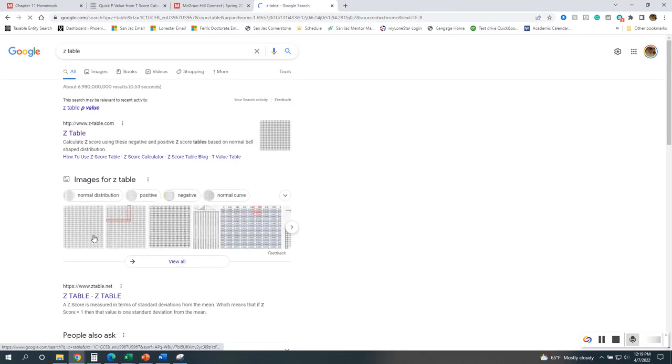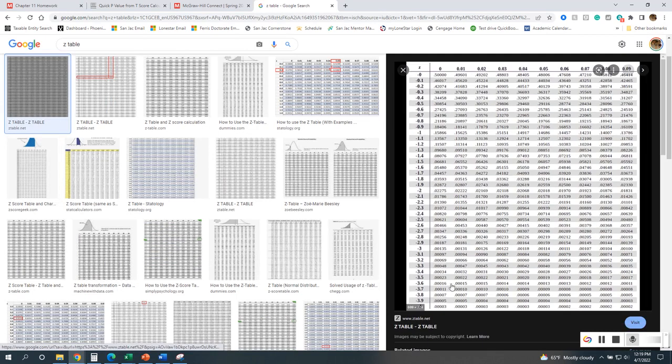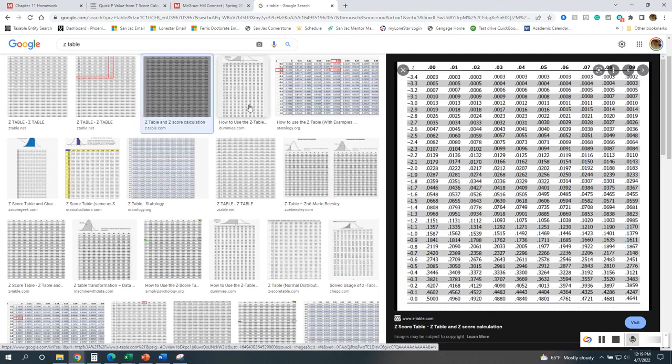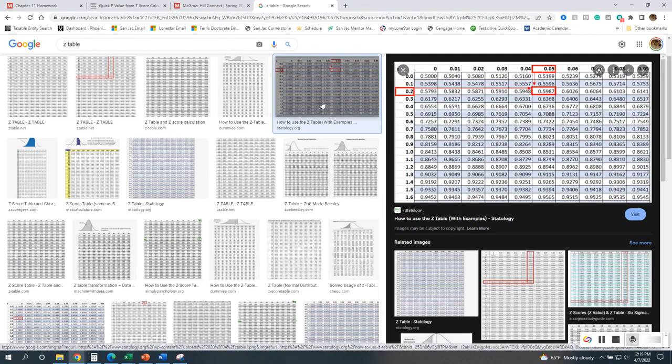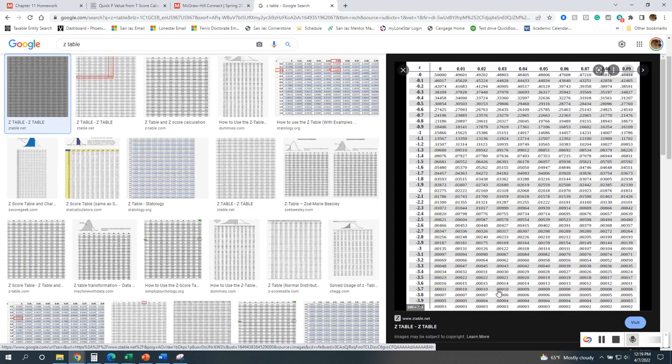Z table. Let's go look up a Z table. Let's find one that helps us out a little bit. So we're going to just go ahead and use this one.